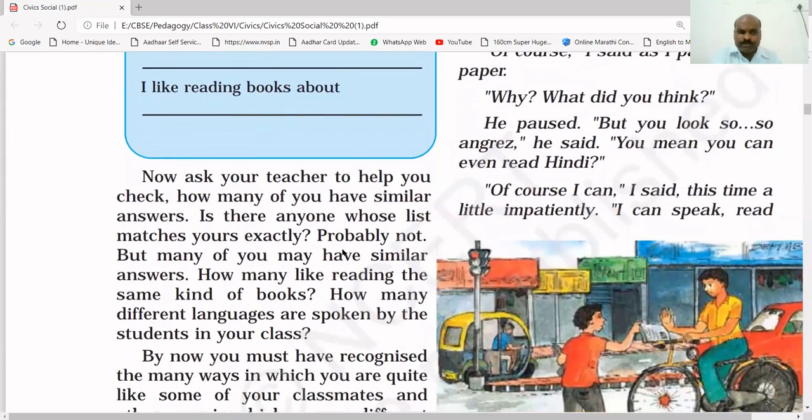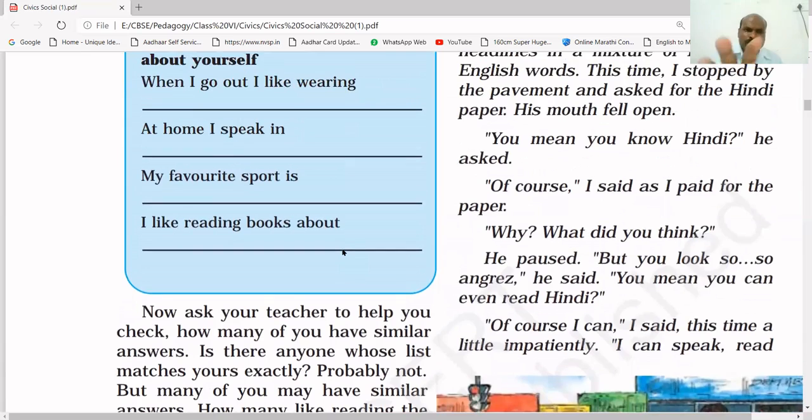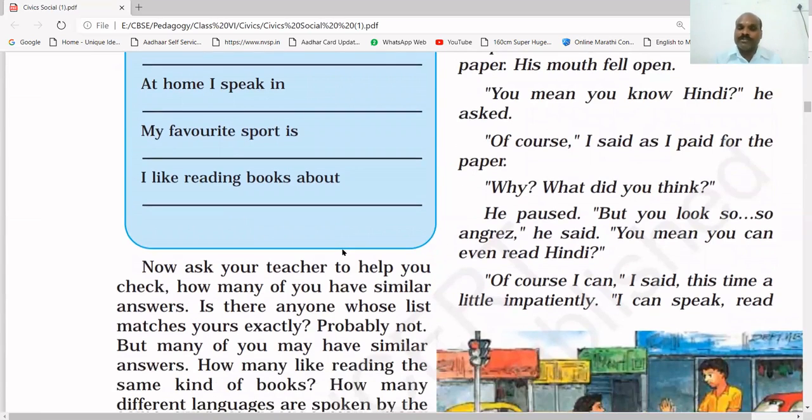Make a list of this. Each one of you make a list of what dress you wear when you go out, which language you speak at home, what is your favorite sport, and what kind of books you read. Then make a list and compare with other students. You will be surprised.